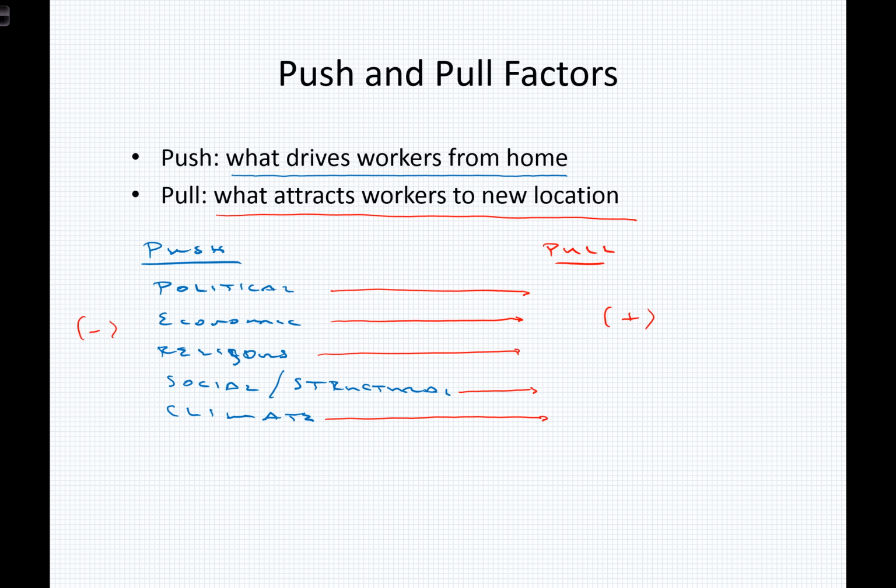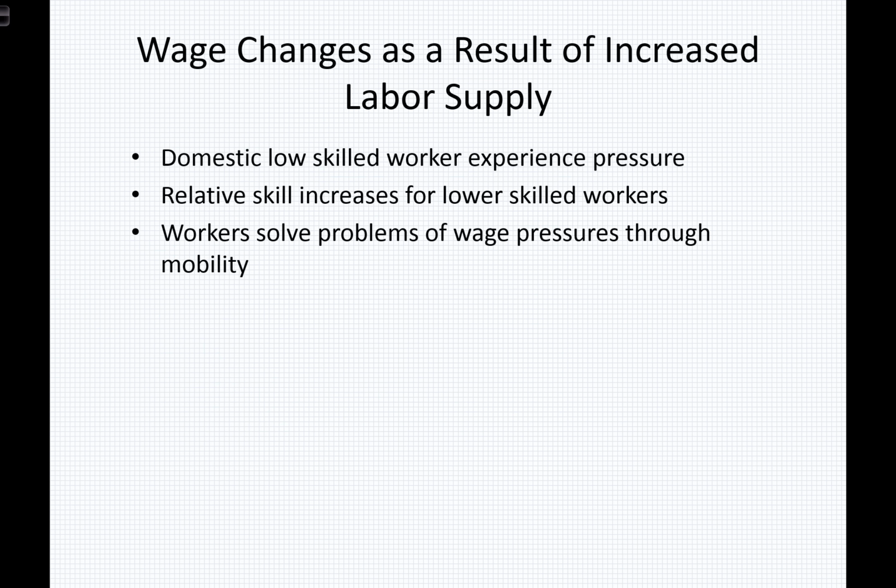I mean, it's attractive to go to Florida if you have lived in northern Europe where it's cold and snowy. It's attractive to go to much of the South and western United States in that case. So a push factor pushes you from a home nation, but a pull factor will cause you to be motivated to go to a nation.